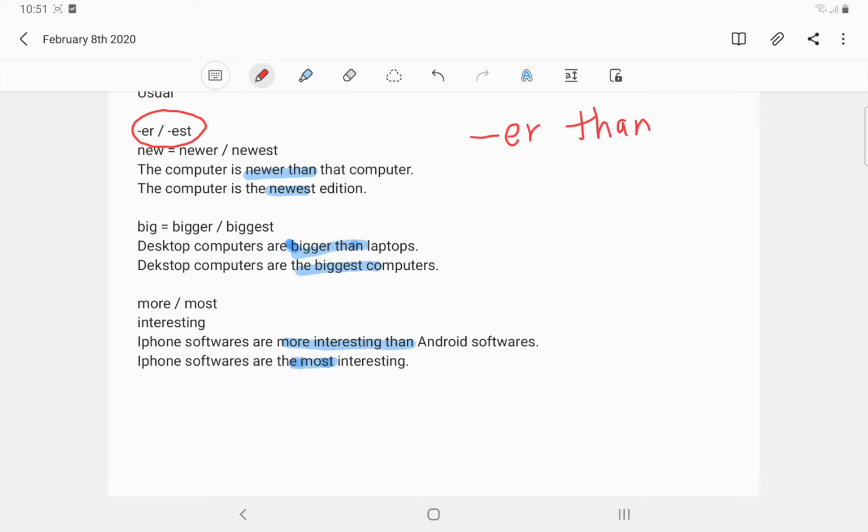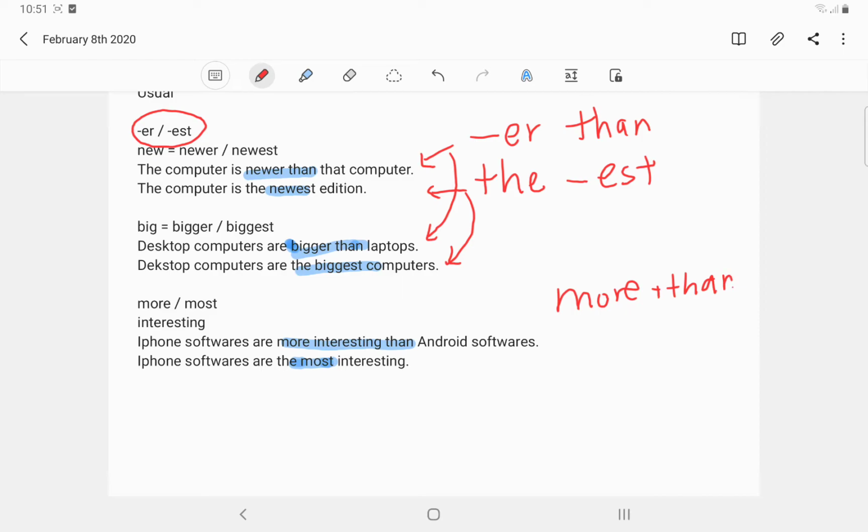If you want to use the EST, you have to write the word the: the newest, the biggest. And then for more, you have to have than. While if you want to use the word most, you need to have the word the in front. So that is the easy one.